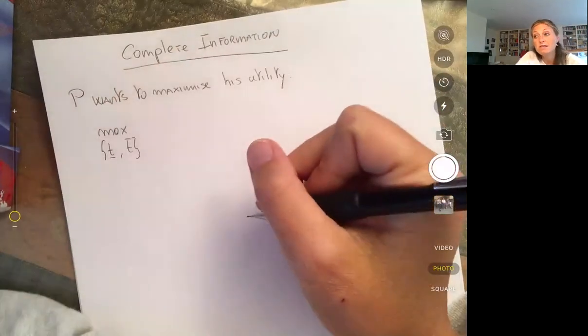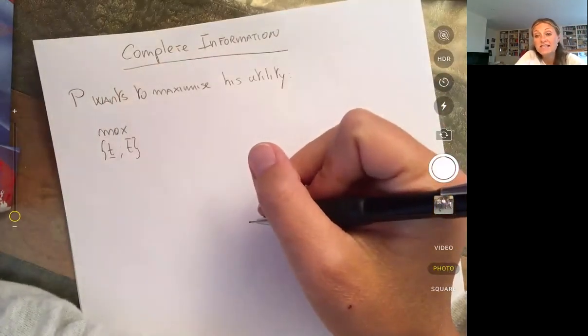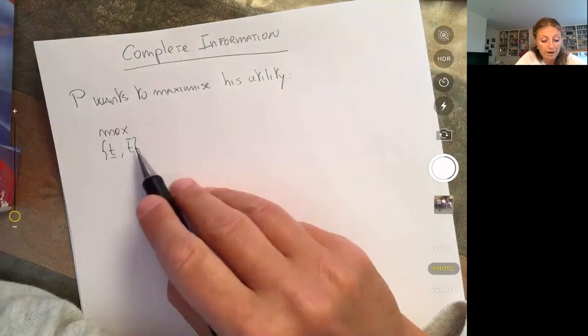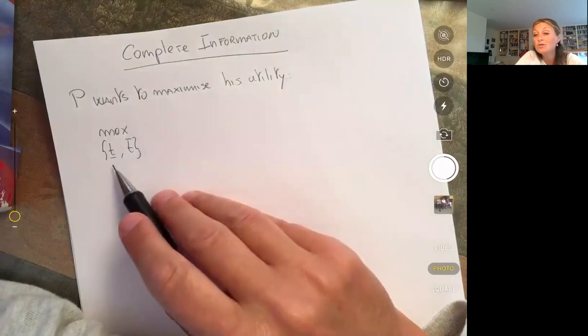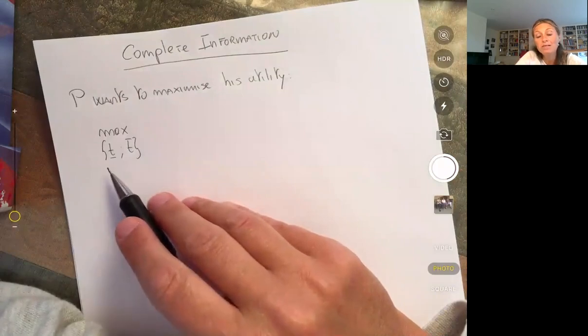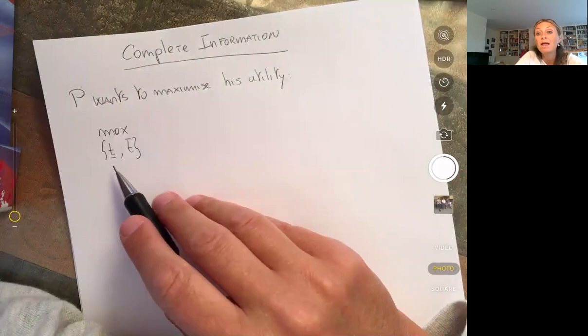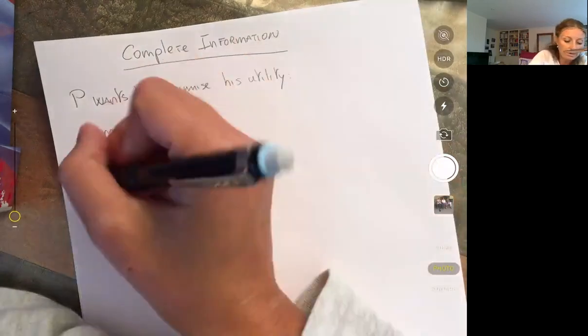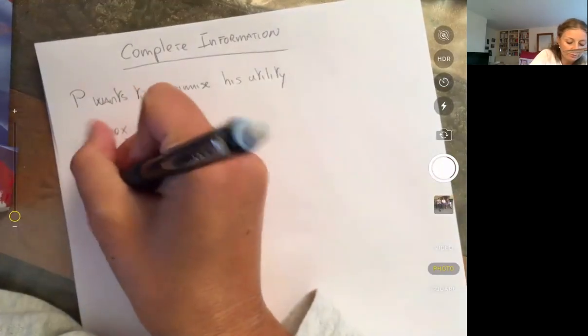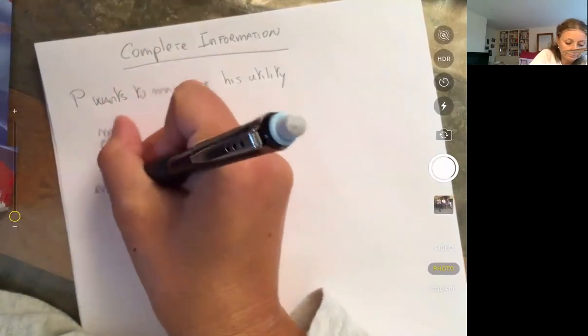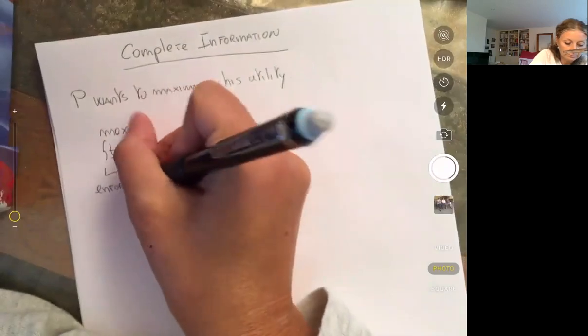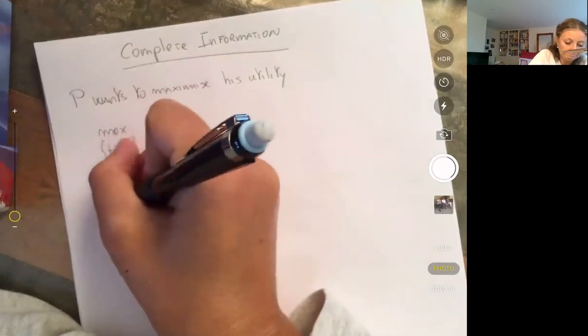How does he maximize his utility? Basically, by identifying the optimal T upper bar and T lower bar that he should offer to the agent. Remember that T upper bar and T lower bar, which is the reward schedule, represent our enforceable contract.